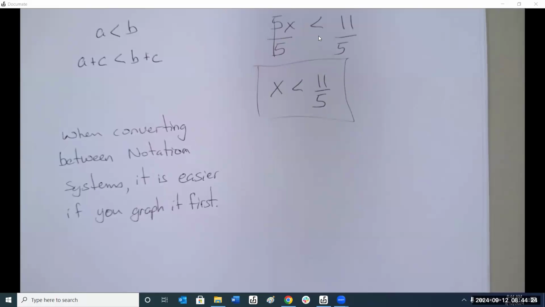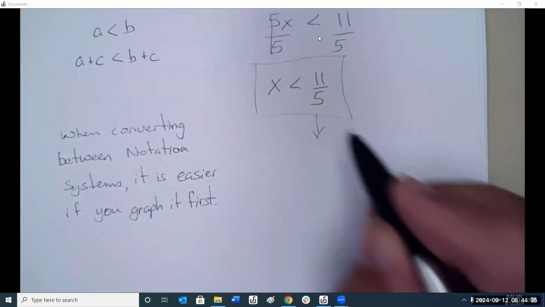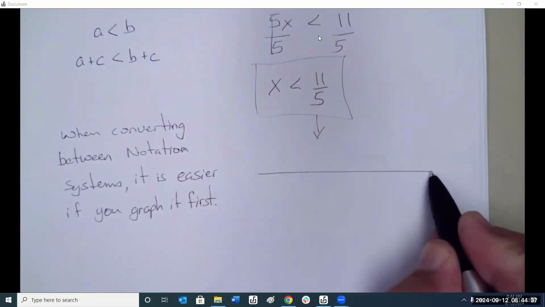Because a picture is worth 1,000 words. It'll give you a better idea what's going on. And besides, you have to graph it eventually anyway. So, graphing this one.